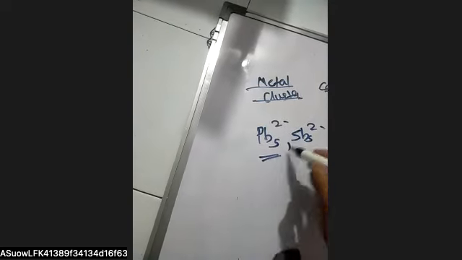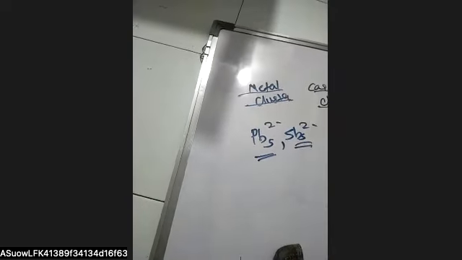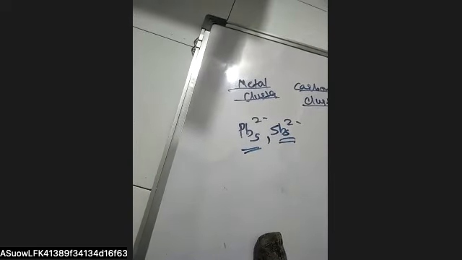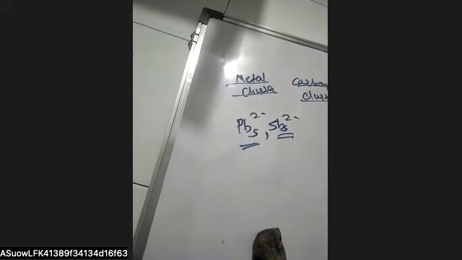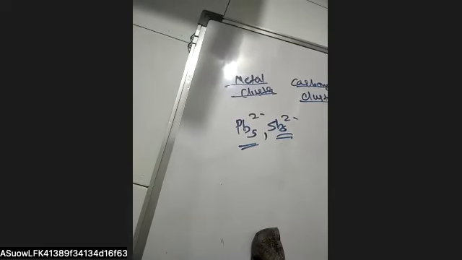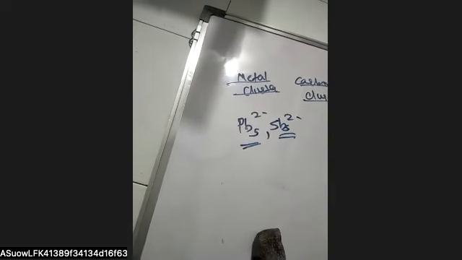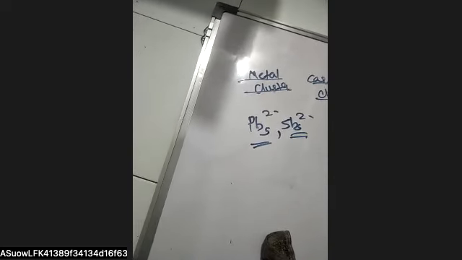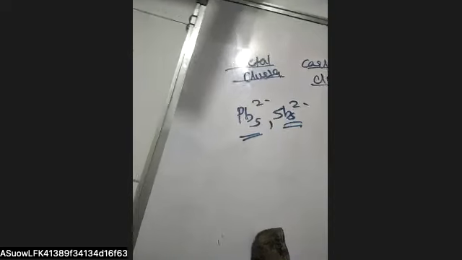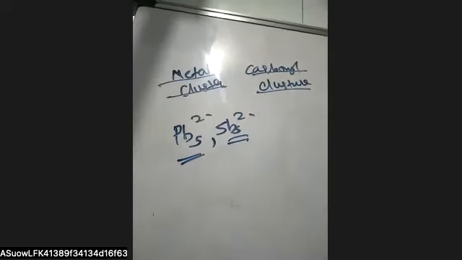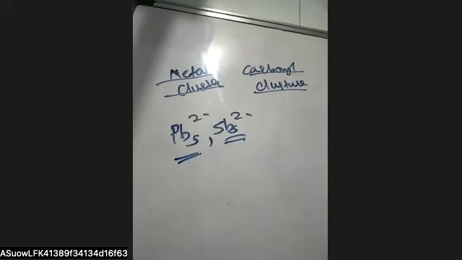And metal clusters have many uses in catalysis, drug delivery, and a wide range of applications. In the case of the carbonyl cluster, the ligands are carbonyls, which are the ligands for the metal.